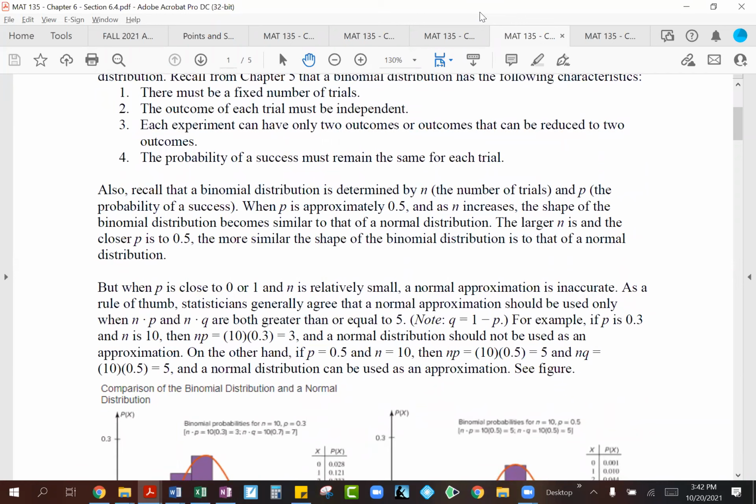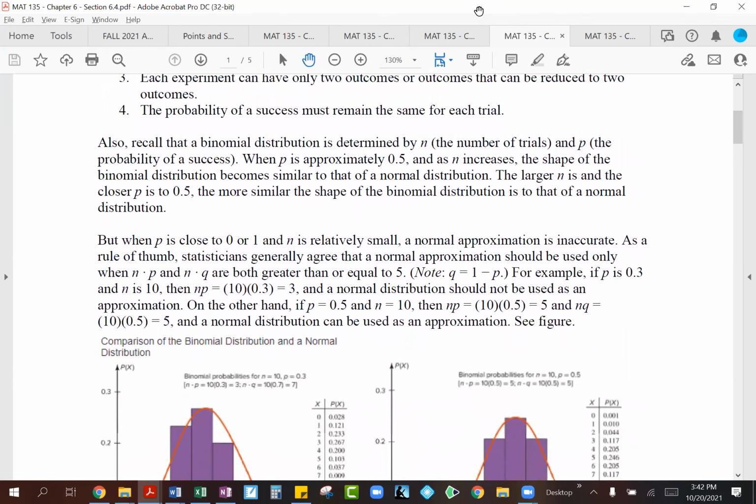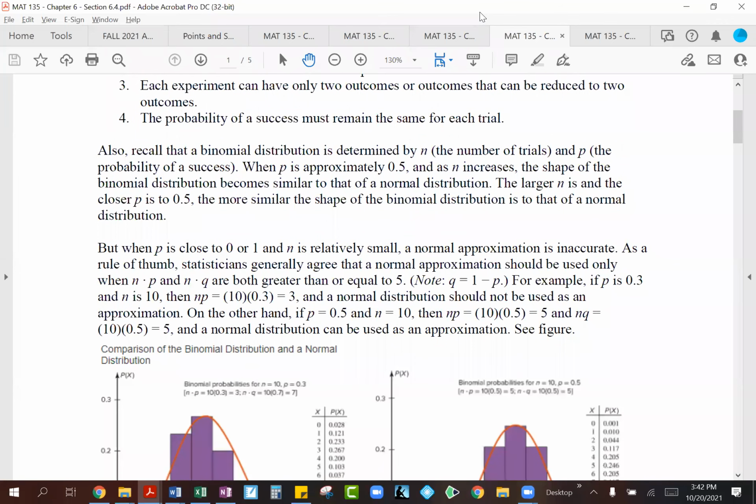So they're getting into a little bit of that description over here. And again, your textbook will also have similar ideas. So let's say your probability of success is approximately 0.5.